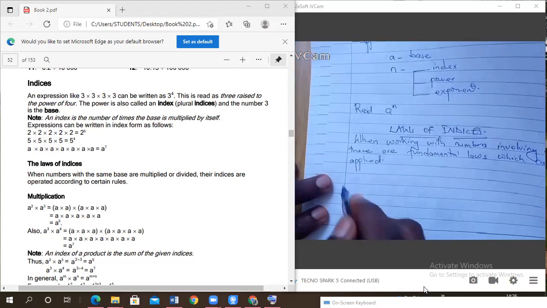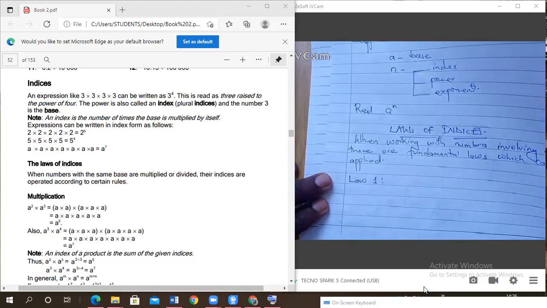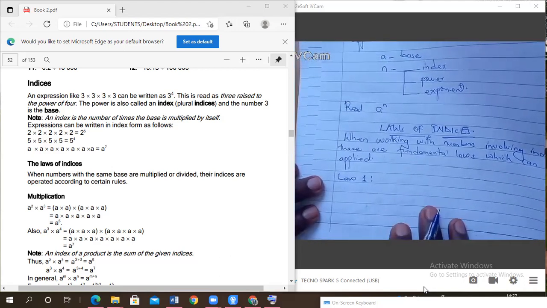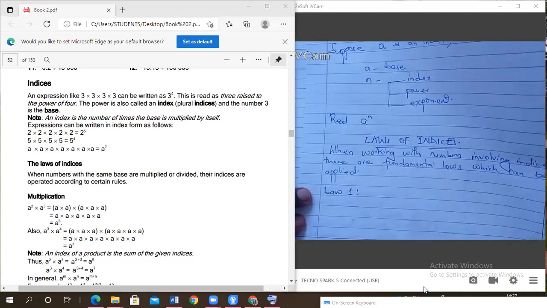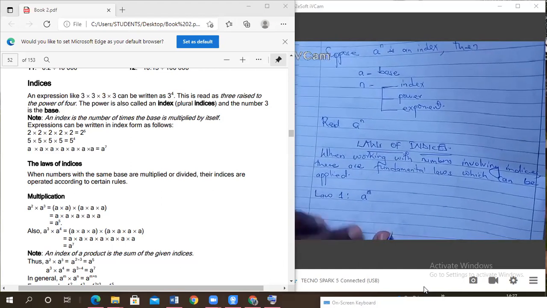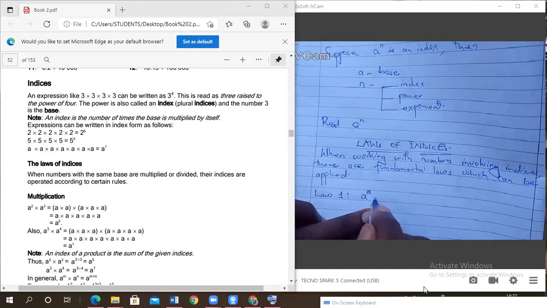Law number one. I will write them, then we explain them later, okay? Law number one is saying, suppose I have a to the power m times a to the power n.